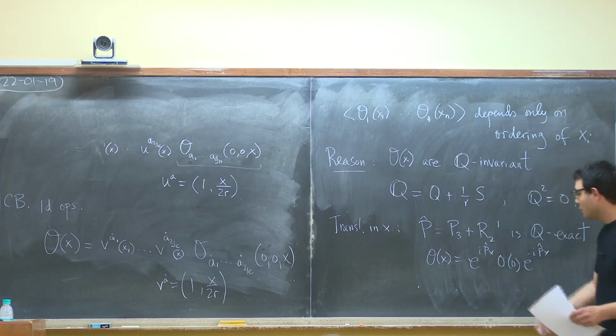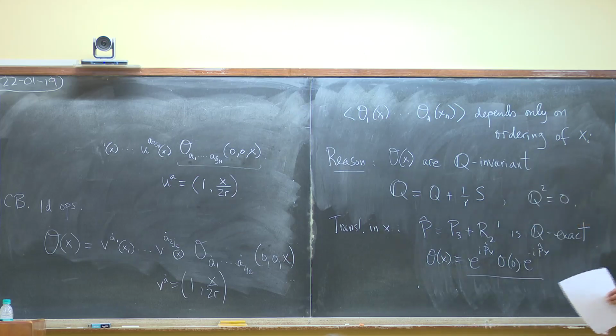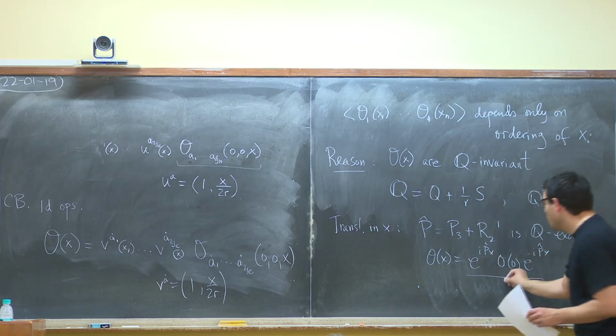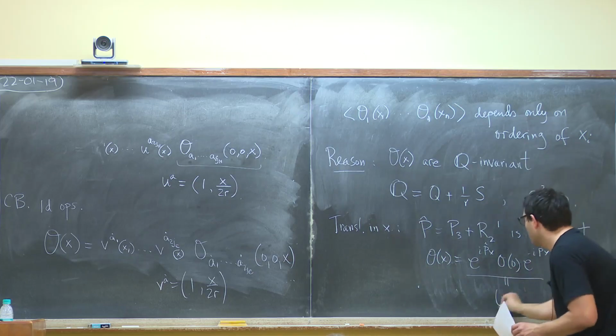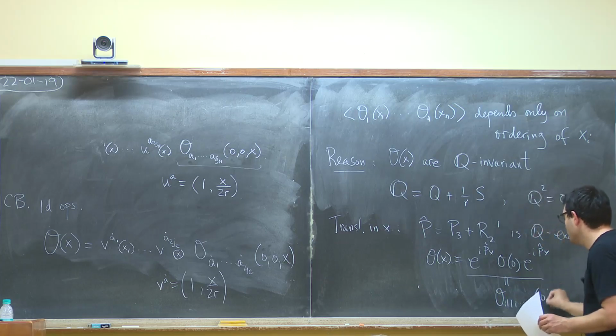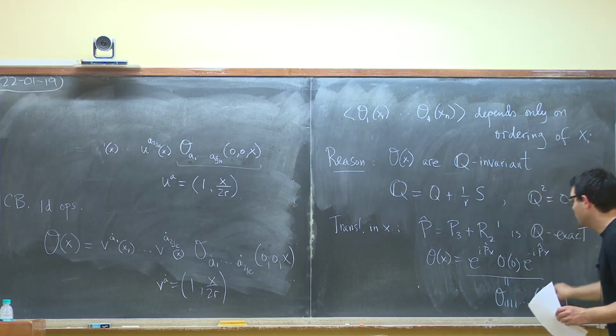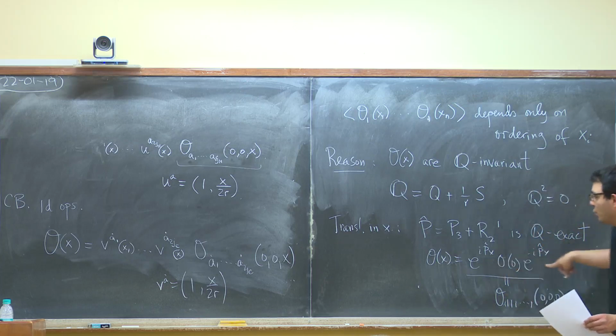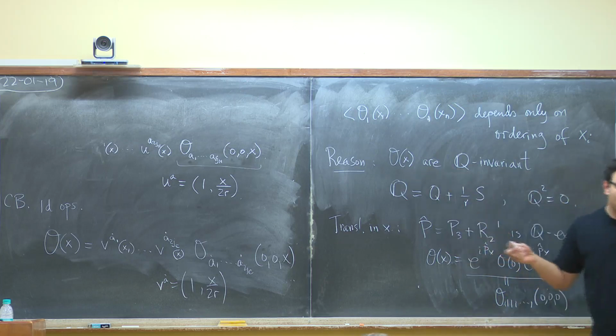So if you calculate this quantity over here, and use the fact that O of 0 is O with all indices equal to 1 at 0, and you compute this quantity, you'll find exactly the expression that I wrote down.